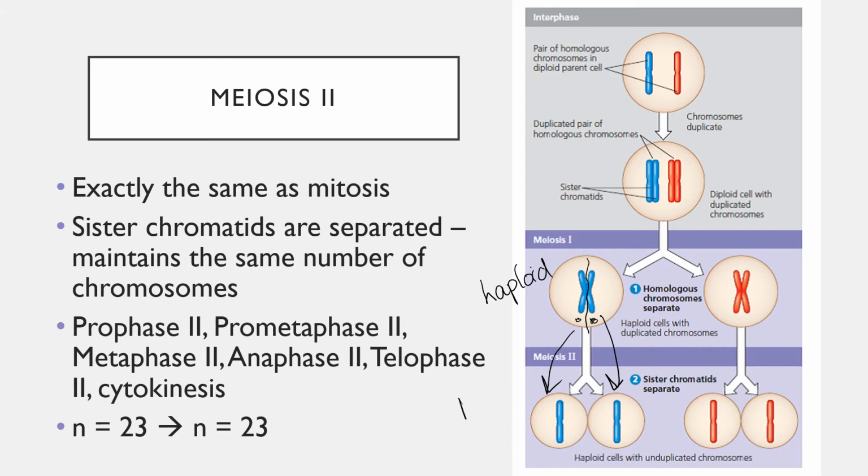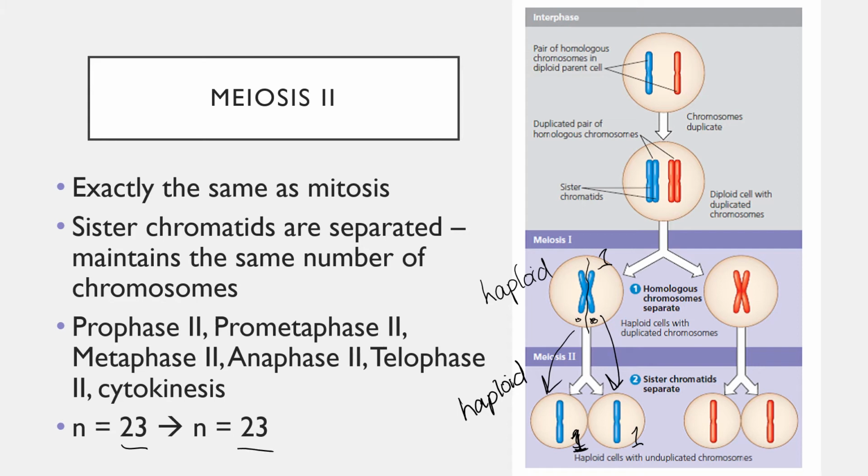But when I do this division, the cells are going to remain haploid. Remember that sister chromatids bound together are considered 1 chromosome, and each chromatid, when it's separated, is still considered 1 chromosome. So we're not halving the information again. We're keeping the amount of chromosomes the same.